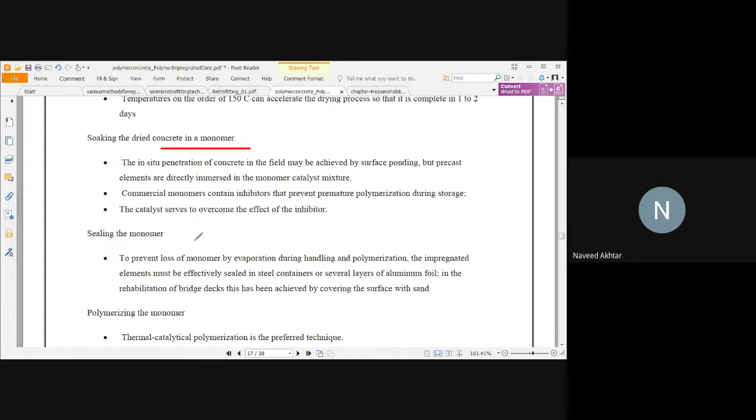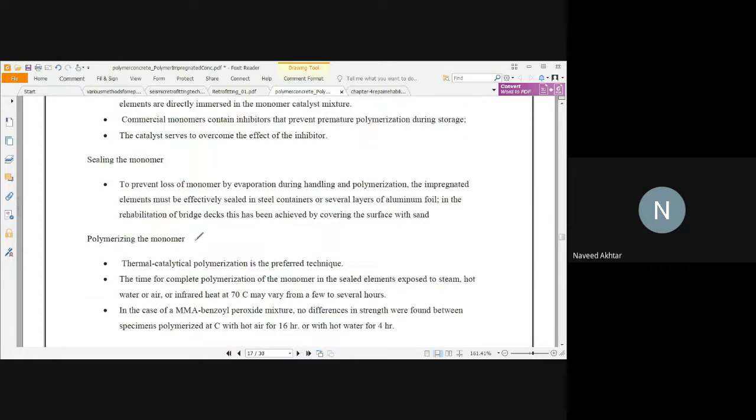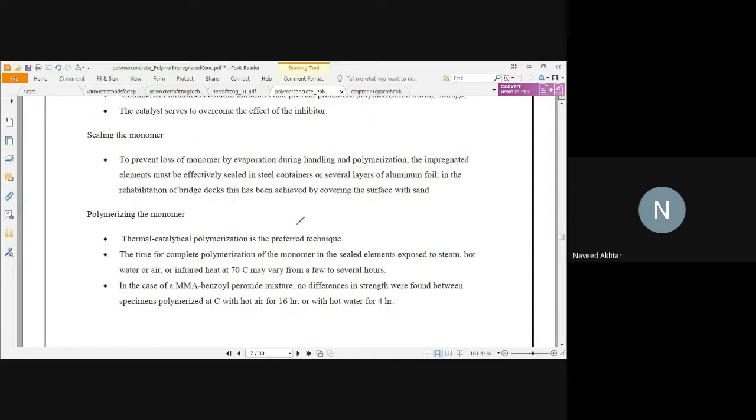The catalyst serves to overcome the effect of the inhibitor. The monomer must be sealed to prevent loss by evaporation during handling and polymerization. The impregnated element must be effectively sealed in steel containers or several layers of aluminum foil. In the rehabilitation of bridge decks, this has been achieved by covering the surface with sand.